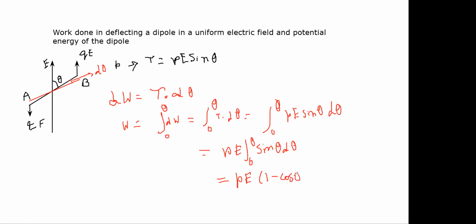So this is the potential energy in this position. In this position, the potential energy U of the dipole system is given by pE(1 minus cos theta).